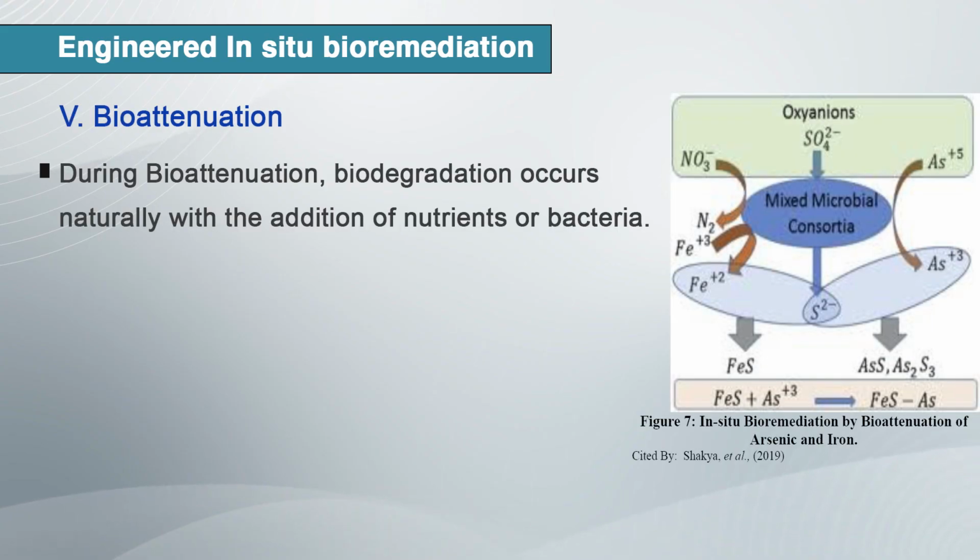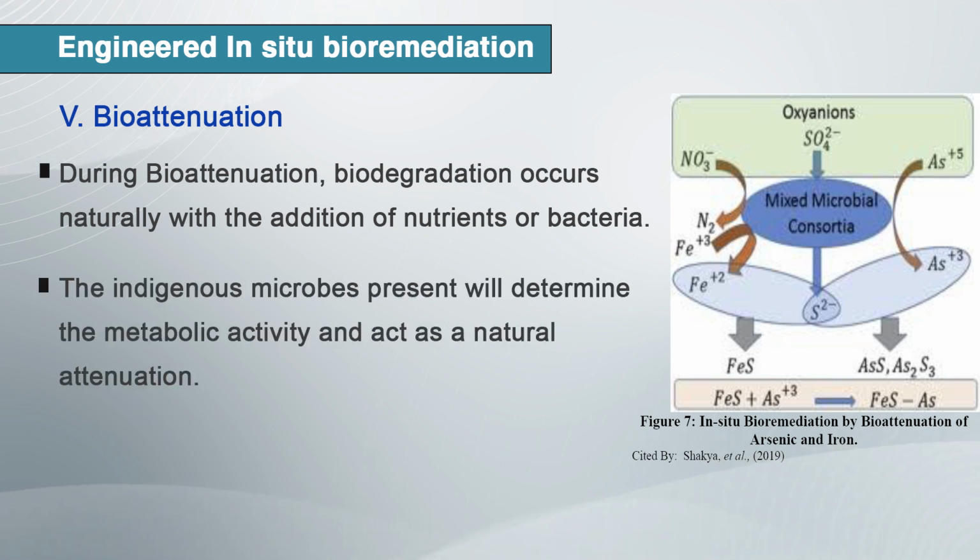Numerous studies indicate that introduced microorganisms do not survive in the environment and thus do not increase contaminant remediation. Further, number 5 is bioattenuation. During attenuation, biodegradation occurs naturally without the addition of nutrients and bacteria.